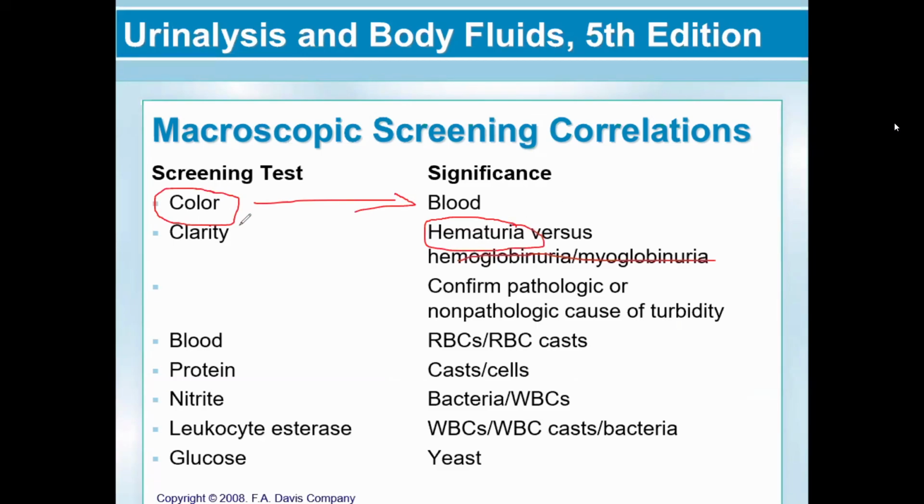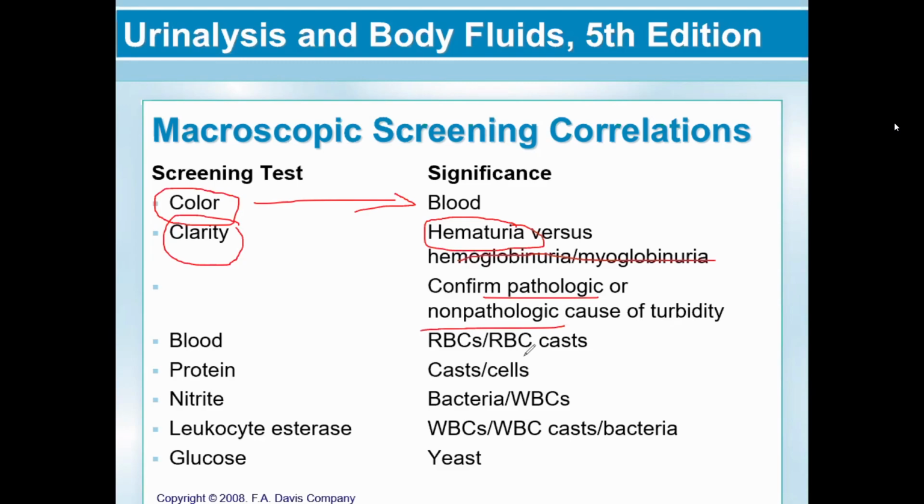What else? The clarity of our urine, for example, if it's turbid or clear. The turbidity can have a pathologic or non-pathologic cause. For non-pathologic causes, for example a female patient with a random specimen, not midstream, there would be very many squamous epithelial cells.